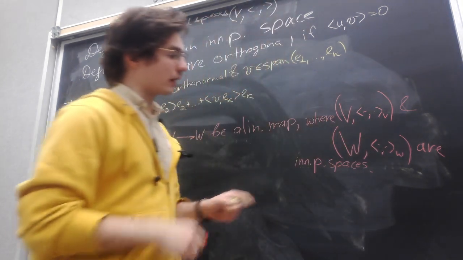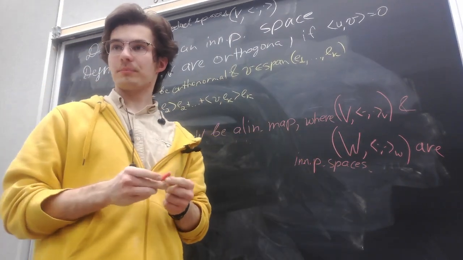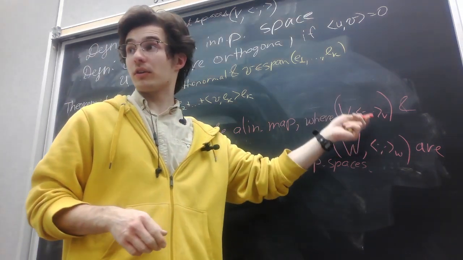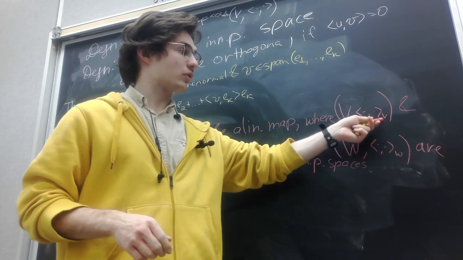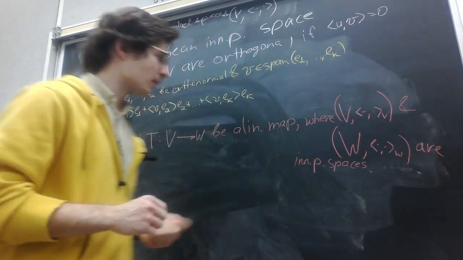So I have two vector spaces, one is V, one is W, both of them have an inner product on them. I'm going to distinguish between the inner products on one vector space and another, using a little V subscript and a little W subscript. That makes sense?